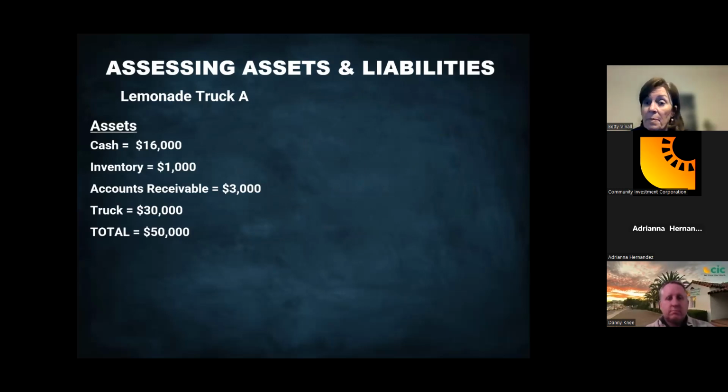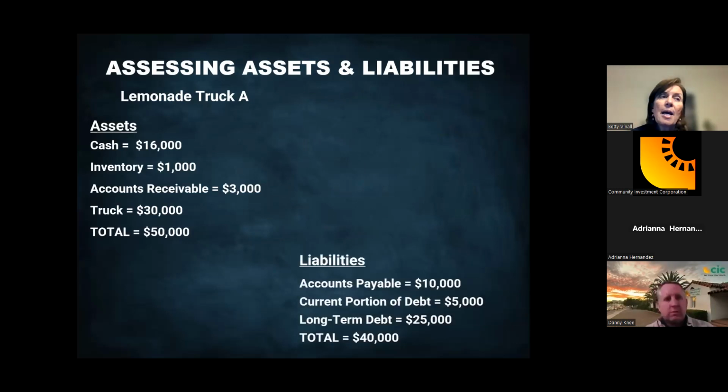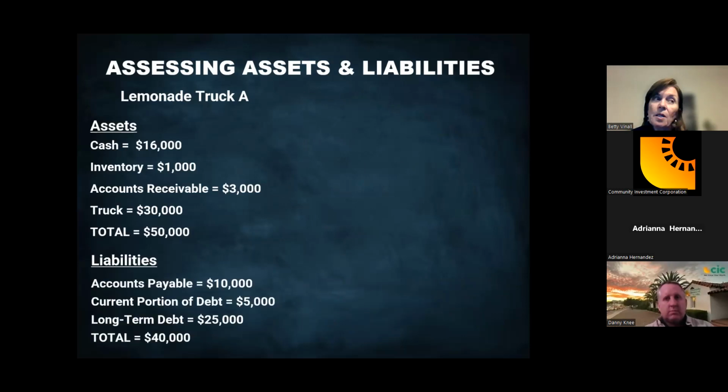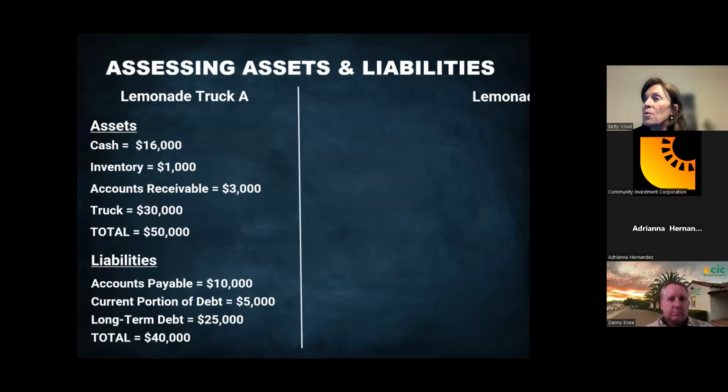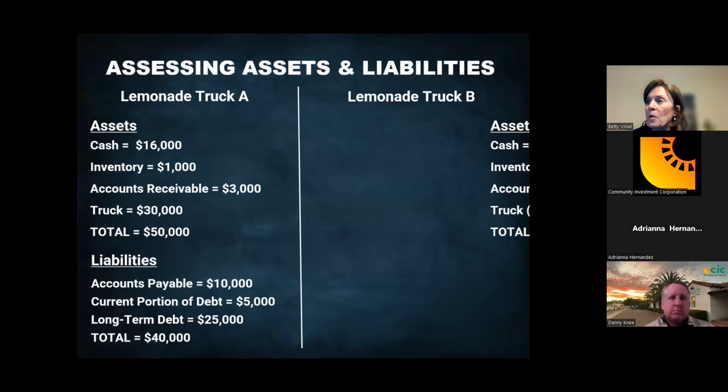Their liabilities are their payables at $10,000, the current portion of debt at $5,000, the long-term debt at $25,000 for a total of $40,000. So that is Lemonade Truck A. Lemonade Truck B. Let's look at their assets.